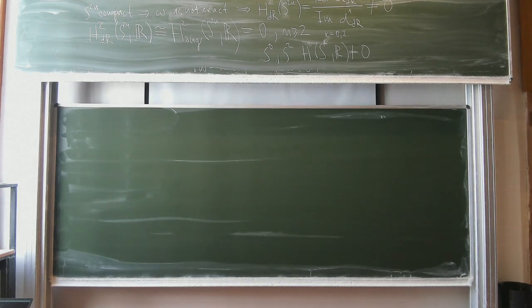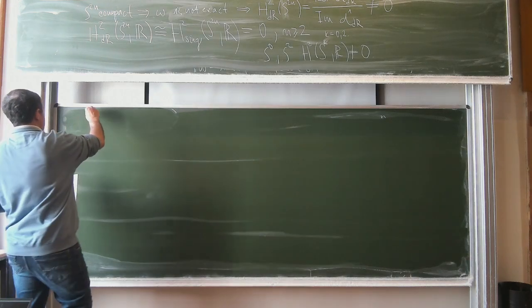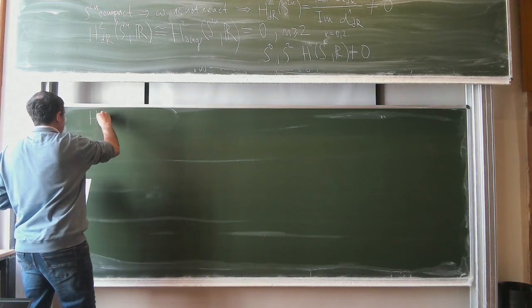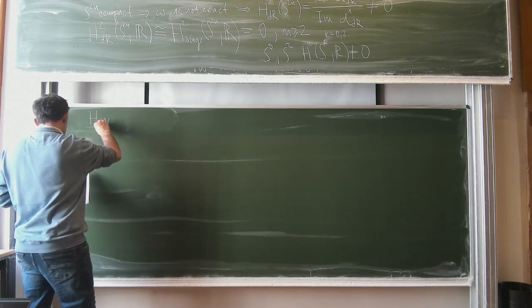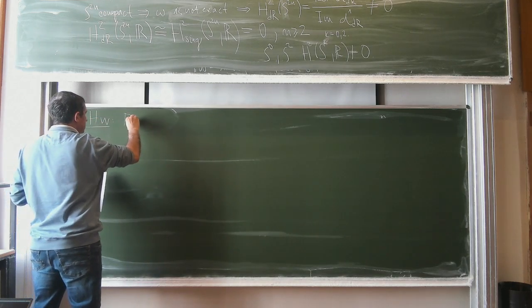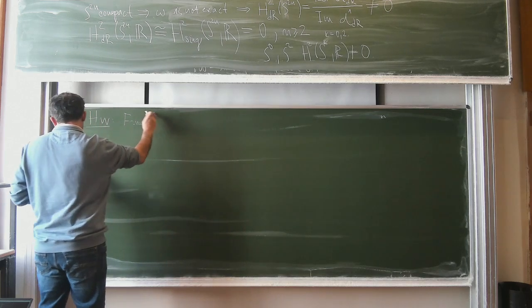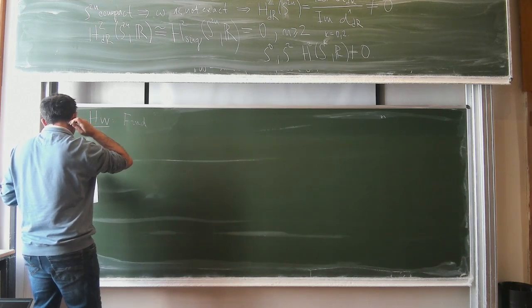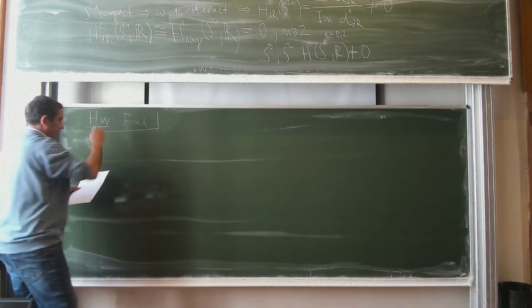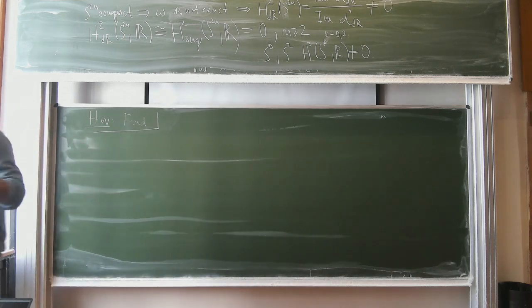Can there be another, different symplectic form in R^2n? Okay, the homework not yet. Sorry, not yet. I'm sorry.